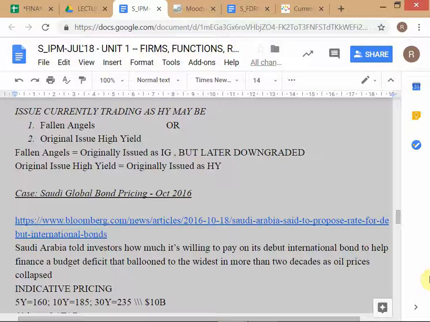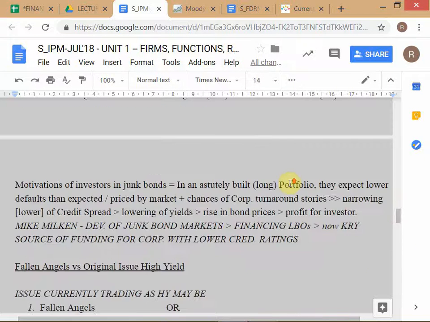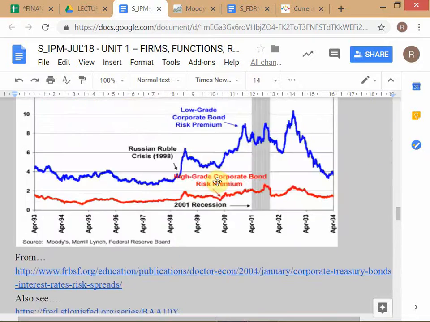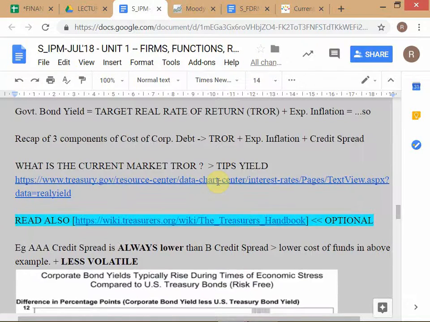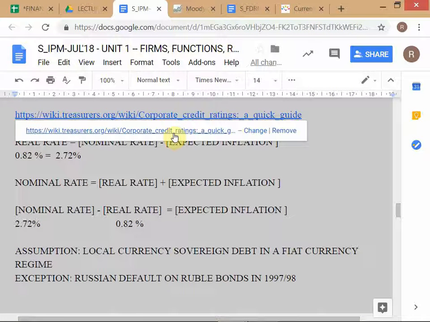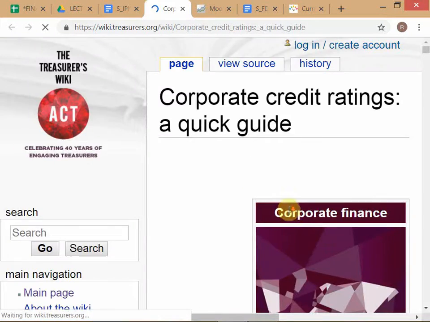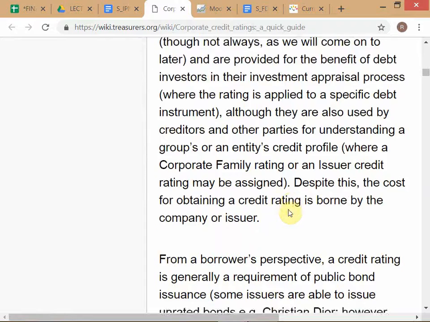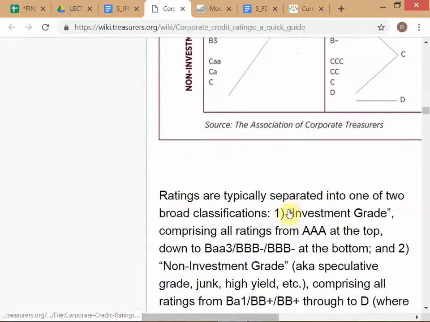When a bond is falling, when do we refer to it as a junk bond? I've already told you. Who's going to answer this question? When is a bond referred to as a junk bond? Yes, Gaba? When their credit rating has fallen.